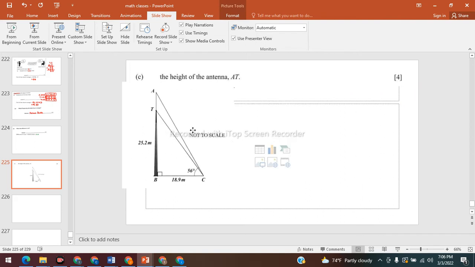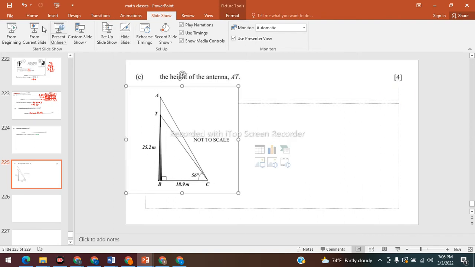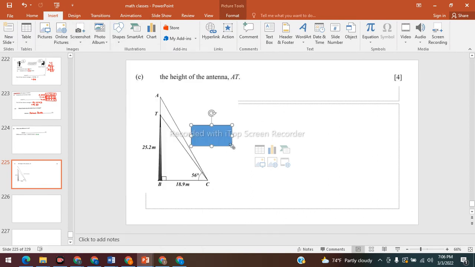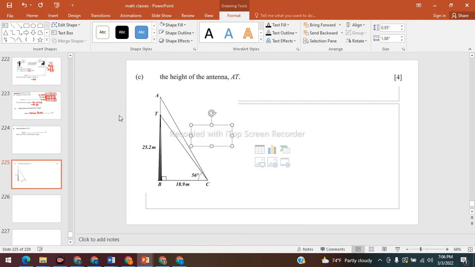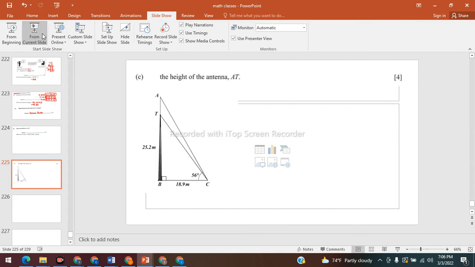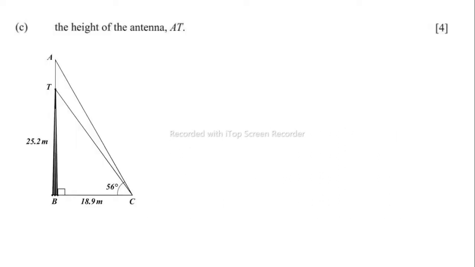So the height of the antenna, AT. We're trying to figure out what is the length of this antenna, the length of this guy right there.